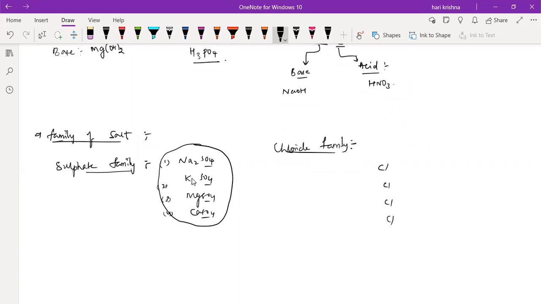NaCl, BaCl2, CaCl2, KCl. Sir, HCl. But HCl is an acid, right? It's not a salt. I want the salts, not the acids.